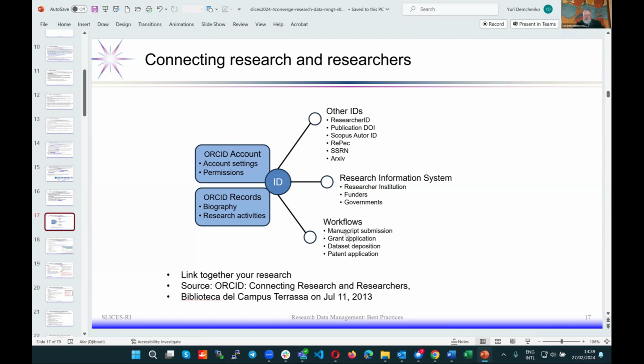Also, ORCID is embedded into different workflows, like manuscript submission, grant application, I mean proposal submission, data sets, and patent application.